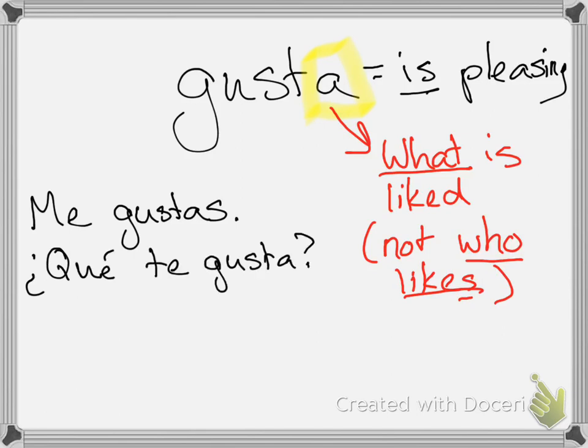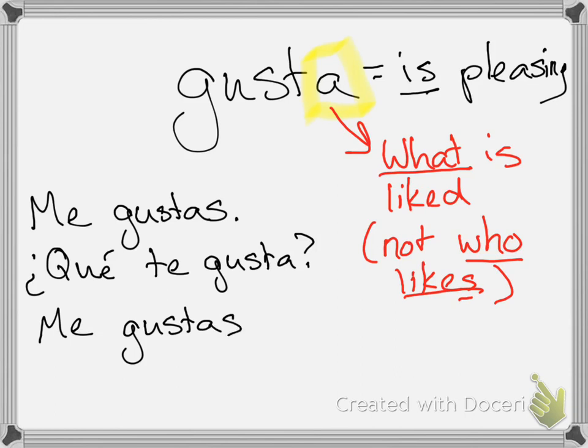Because in my mind, at my beginning of Spanish, I was like, he didn't finish his sentence. Me gustas what? Me gustas perros? Obviously, my grammar wasn't fantastic. So then I asked him, ¿qué te gusta? What do you like? Because I didn't think he was done with his sentence. And he just repeated himself. He said, me gustas.